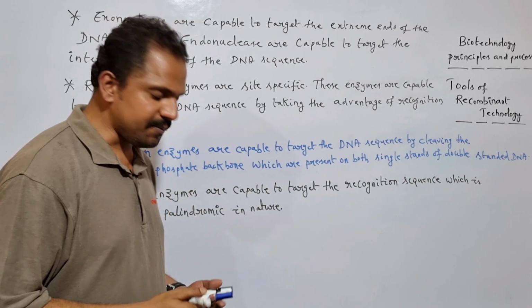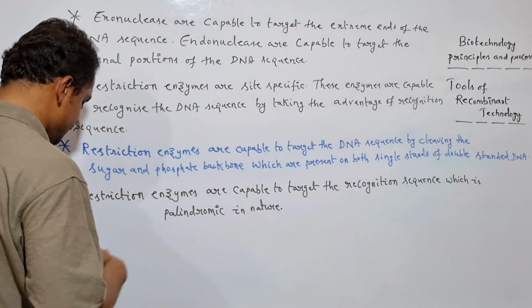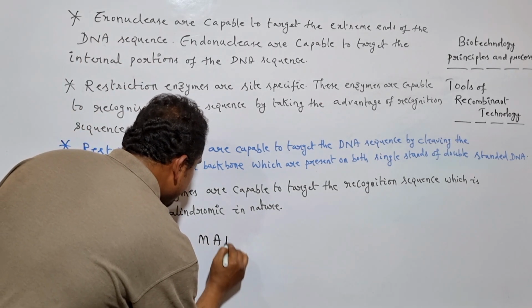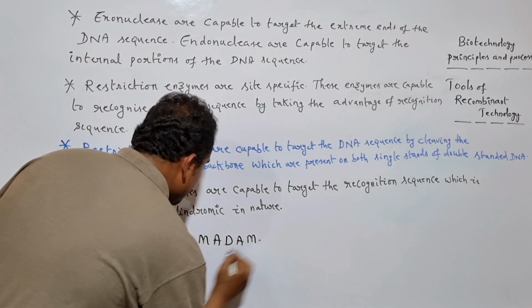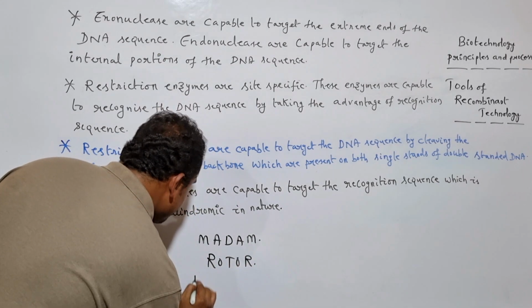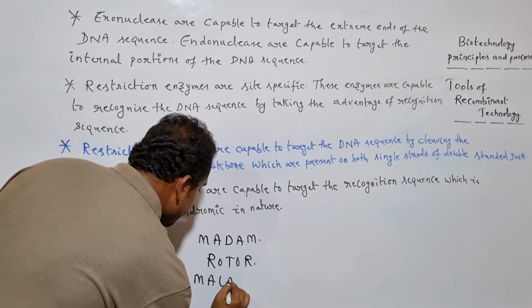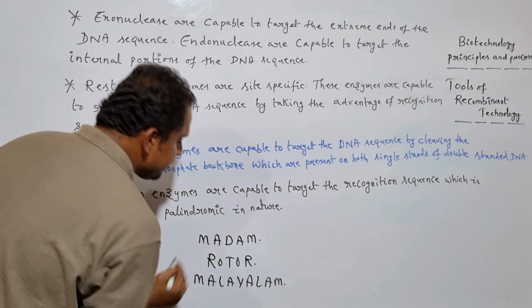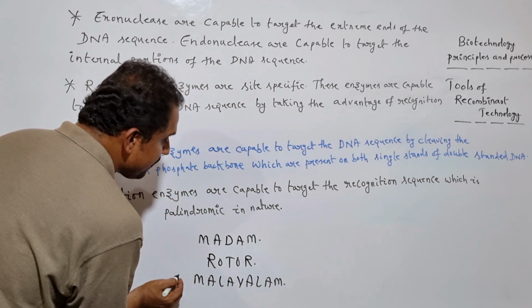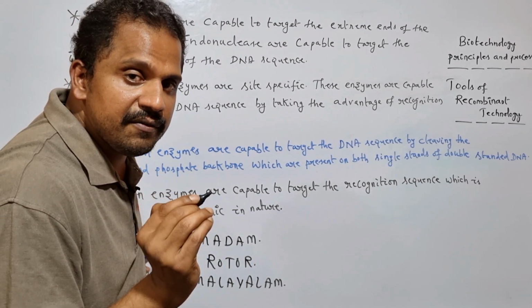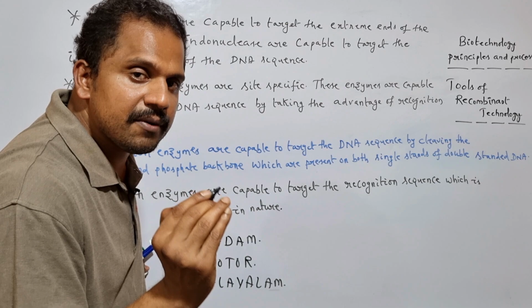So if we consider some of the words like madam, rotor, and Malayalam, right? In case of all these three words, they are having similar sequential order of alphabets when we read from front to back and from back to front.